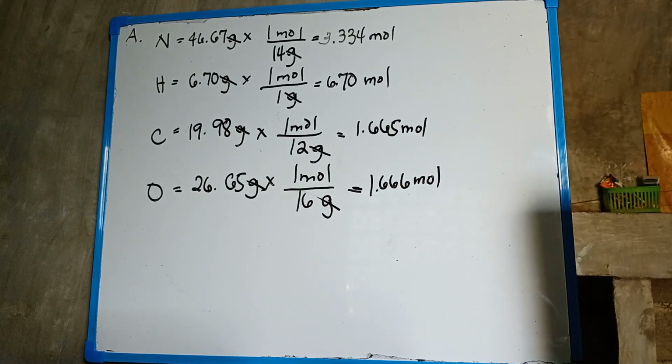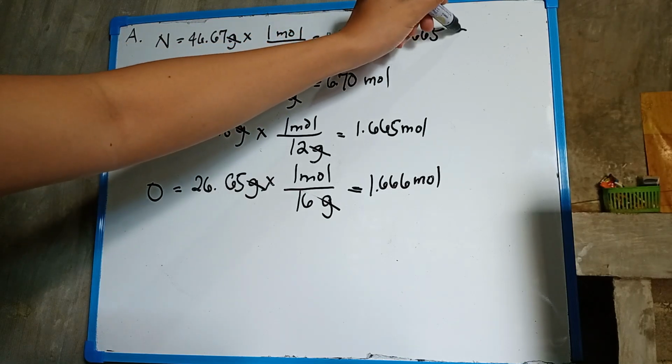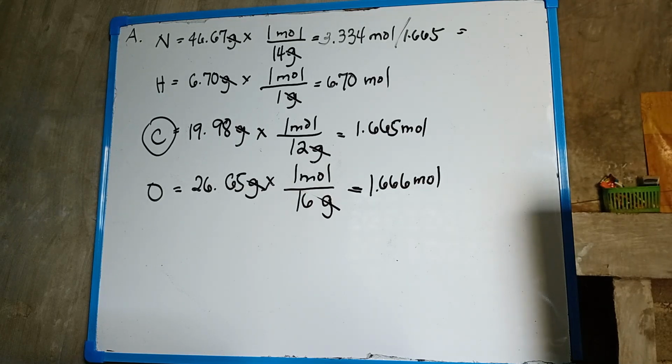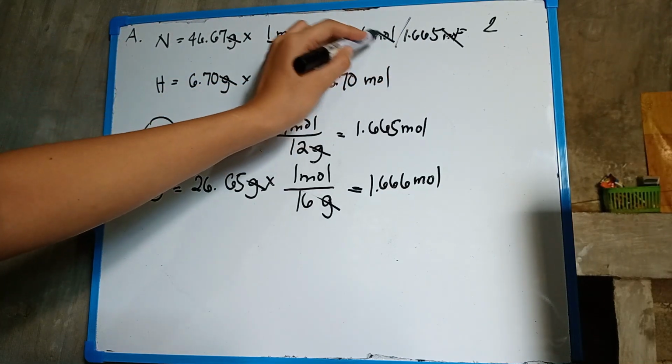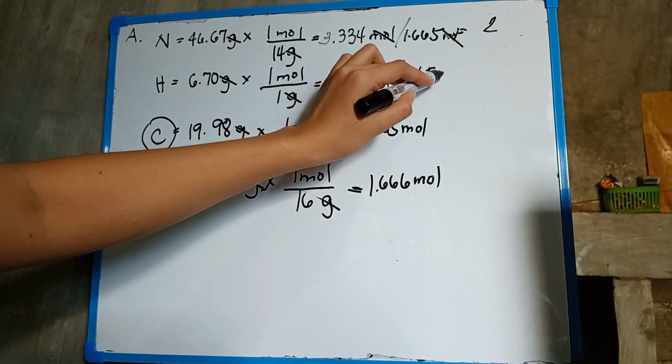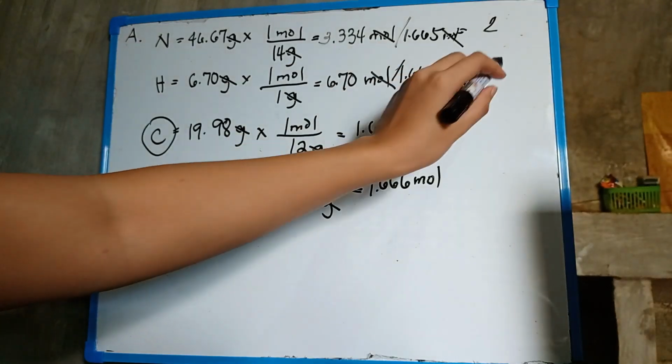The next step is to find the least number of moles, the least element found in the compound, and that is carbon at 1.665 moles. We use it to get our empirical formula, so we divide each by 1.665. 3.334 divided by 1.665 is equivalent to 2, and the moles cancel out. 6.70 divided by 1.665 is equivalent to 4.